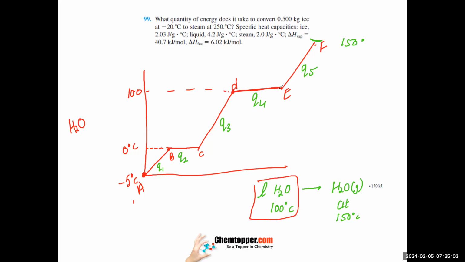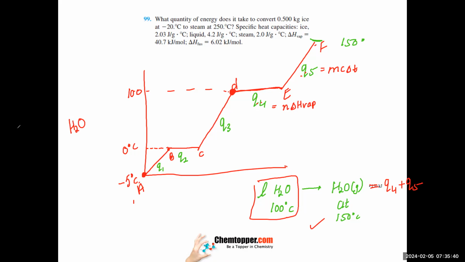Is it at D or E? What is liquid? D. So you start from here. So the answer for this is Q4 plus Q5. That's it. You add this and this. This Q5 is MC delta T. Q4 is n times delta H of vaporization. You add these two values and you will get the answer of this question.